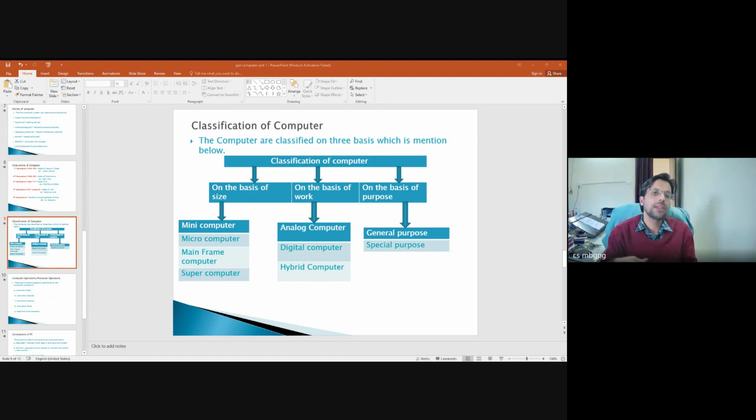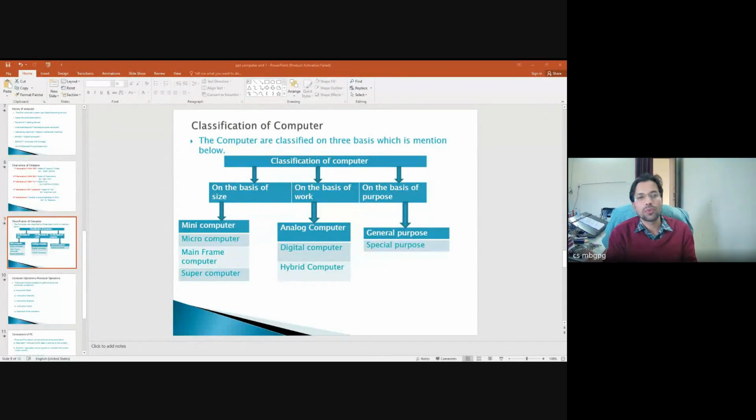So we have classified the computer system according to purpose. According to purpose, computer systems are general purpose and specific purpose. Then we have classified the computer system according to data handling technique. How will you handle the data? Which type of data is handled by the computer system?